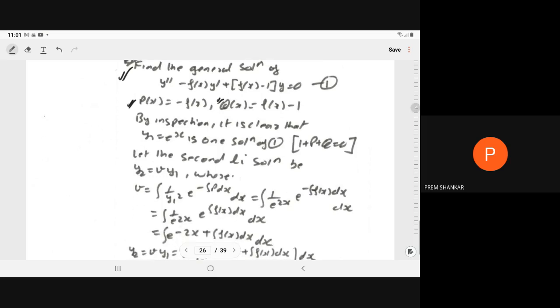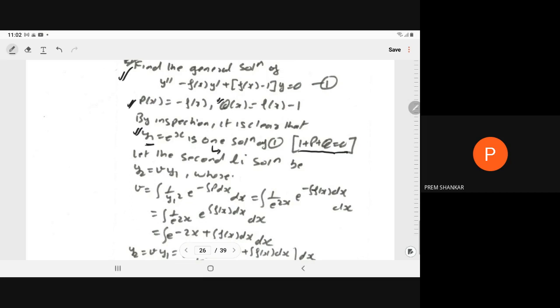Here by inspection you can observe we have 1 plus p plus q is equal to 0. If any coefficient satisfies this condition, then y is equal to e to power x is one solution. So let's say that is y1.